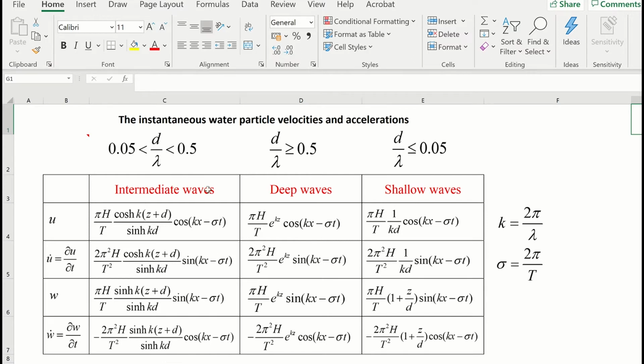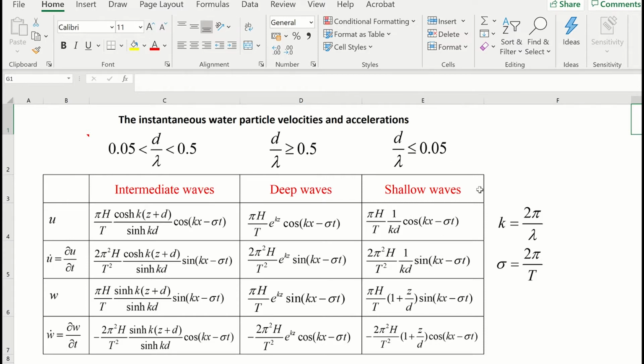Wave type is defined based on the ratio of water depth divided by wavelength. So we will need to calculate the wavelength and then calculate the ratio of depth divided by wavelength, and depending on the value, we will use a set of equations either for intermediate waves, deep waves, or shallow waves.